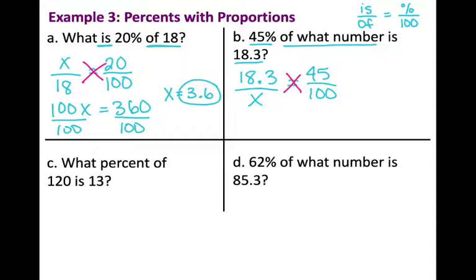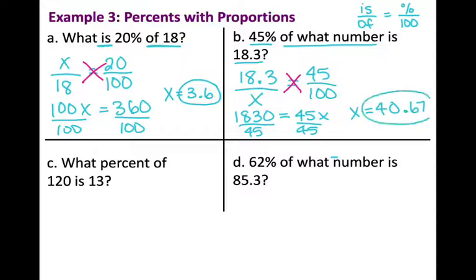That leaves me with 18.3 times 100, which is 1,830, equals 45x. Divide both sides by 45, so we get x equals 40.67. That means if I were to take 45% of 40.67, that would give me 18.3.